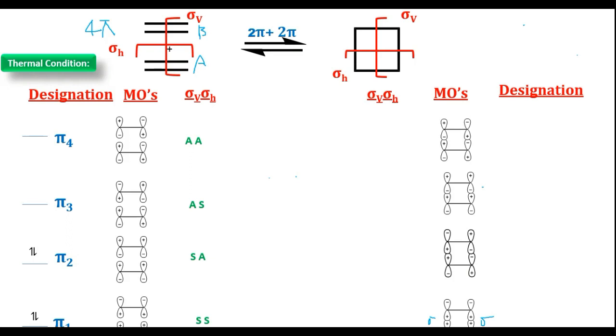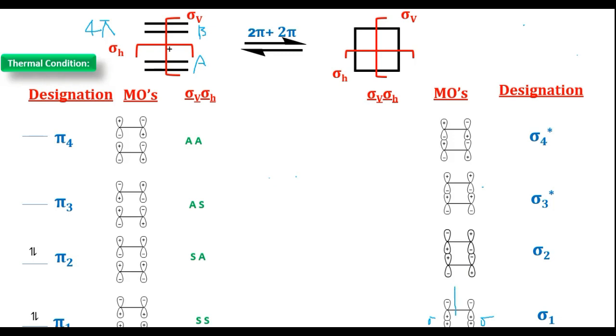So friends, these are the molecular orbitals: sigma 1, sigma 2, sigma 3 which is anti-bonding, that's why I wrote sigma star, otherwise it is not necessary to write the star, and sigma 4. Here let's see the symmetry elements.